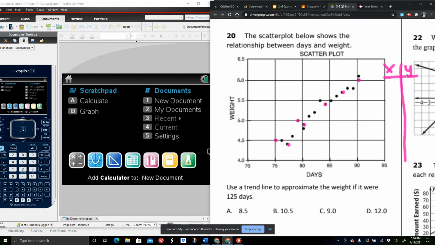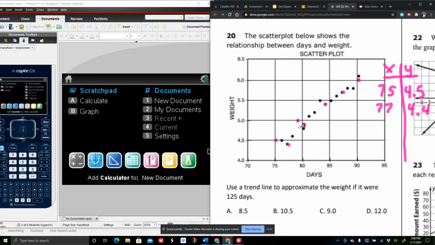So the first one is approximately 75 and 4.5. And then I have this one that's right about 77 and let's say 4.4.